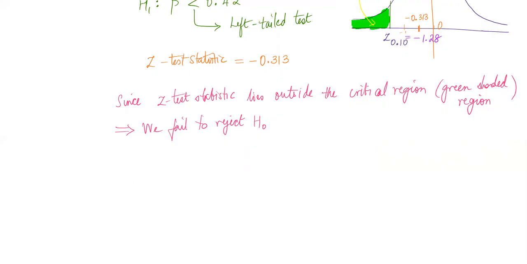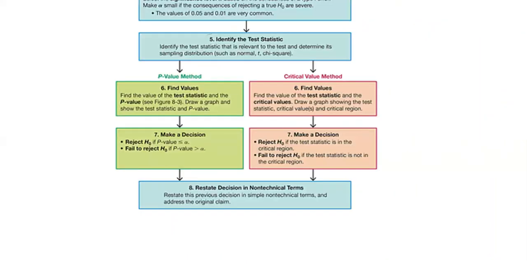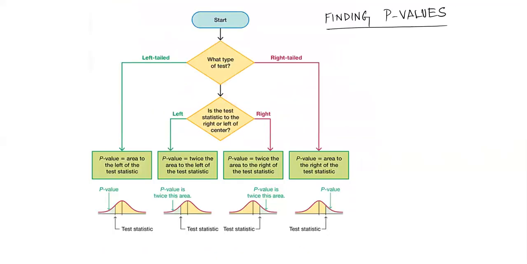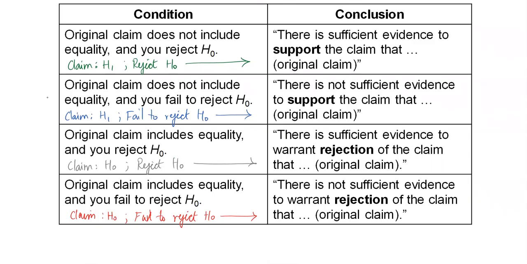Now, to answer part D, which is to interpret this decision, we have to again go back to the table for decision making, the conclusion. We have failed to reject H0. So we will either use the second row or the fourth row, where we have failed to reject H0 conditions. However, it depends on where the claim sits.